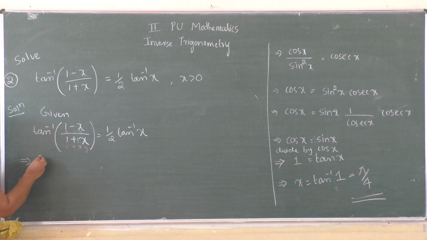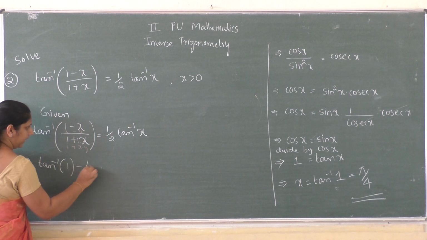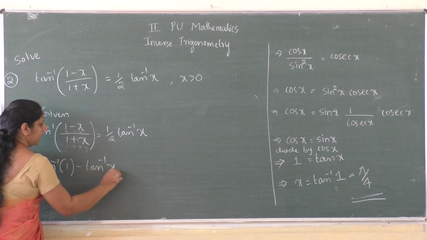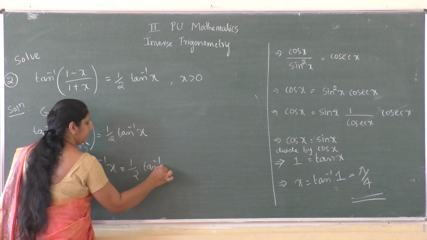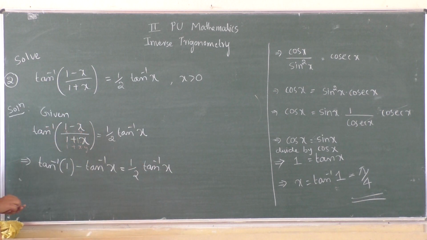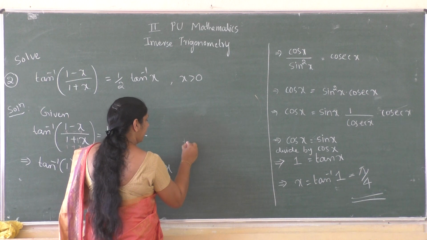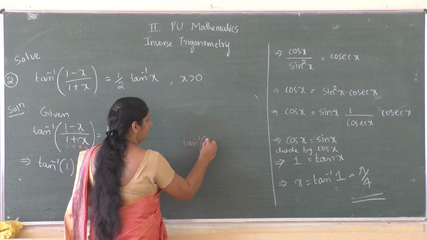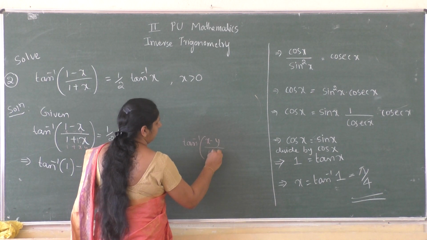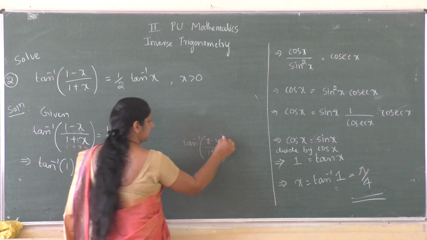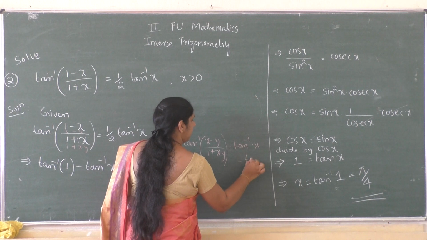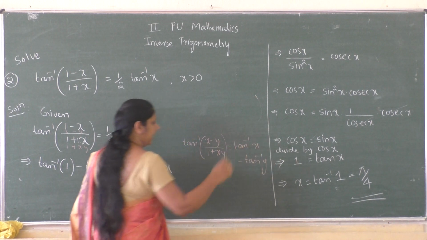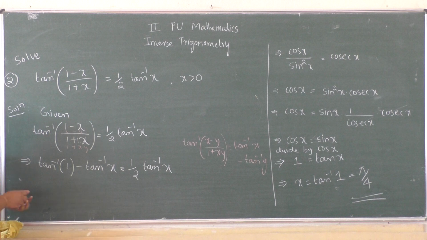So here you have to write it as tan inverse 1 minus tan inverse x equal to half tan inverse x. Here we use the formula. Which formula have we used? Tan inverse of (x minus y) by (1 plus xy) equal to tan inverse x minus tan inverse y. So here we use this formula.